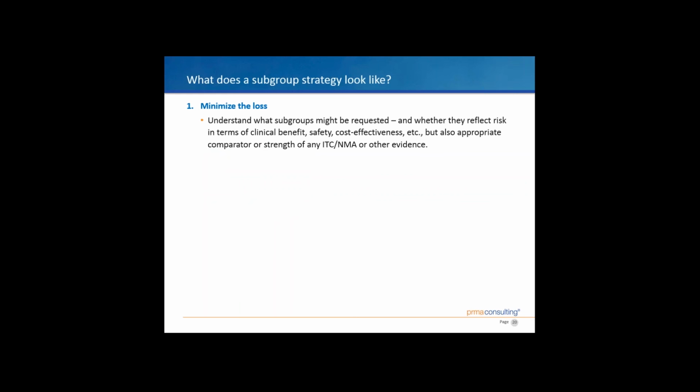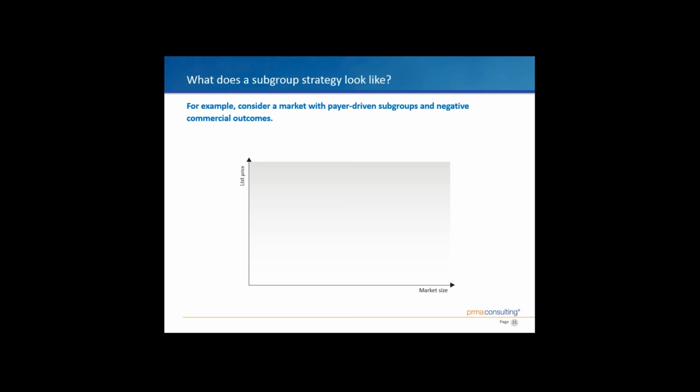So there are 2 main types of this. The first I'm calling loss minimization. So that is mitigation against the risk or the loss of repositioning of your product by payers at HTA. And of course, all of the risks that will generate for reimbursement and pricing.